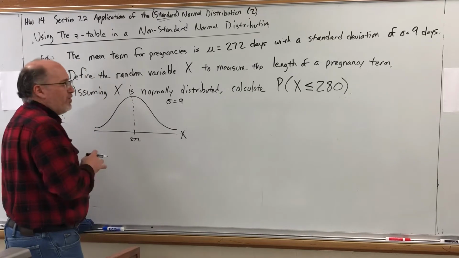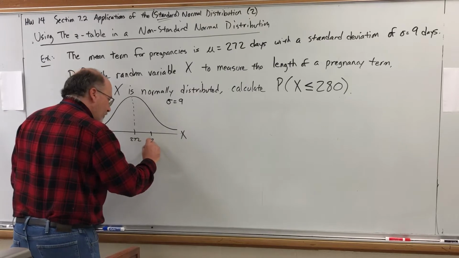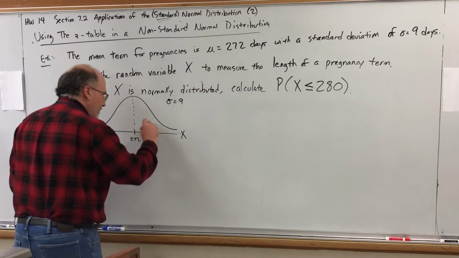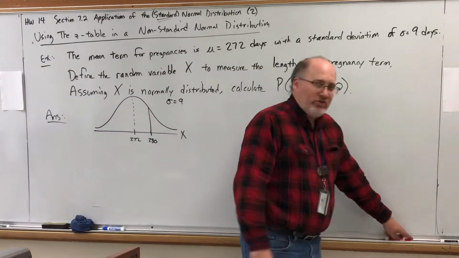When we're talking about the probability that X is less than 280, we're asking if we go over to 280 and go straight up, what is the area to the left of that 280?